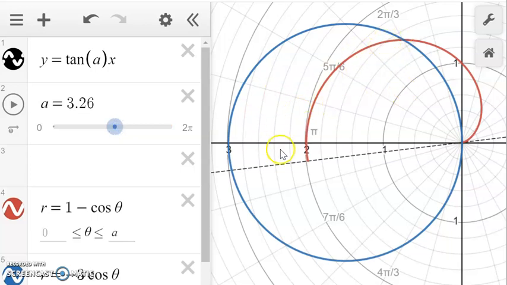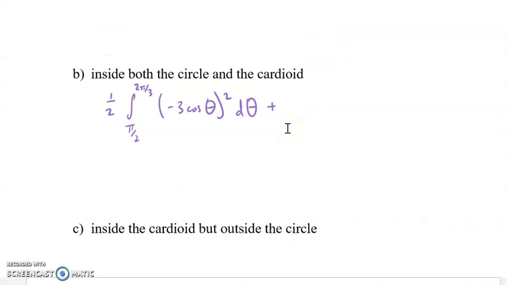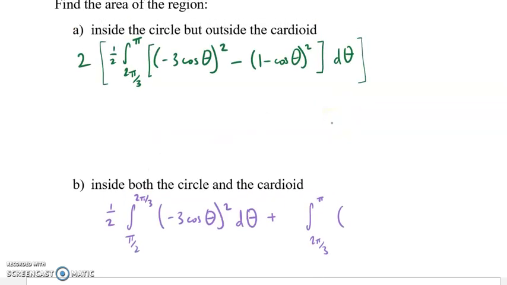So if I go from 2 pi over 3 to pi and just integrate the cardioid, which was 1 minus cosine of theta, and we'll square that. Don't forget the 1/2 out front, and don't forget the d theta.